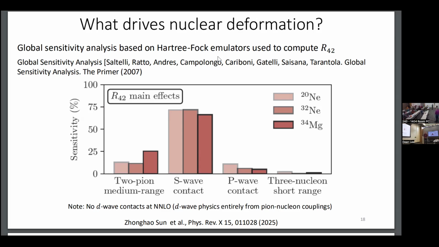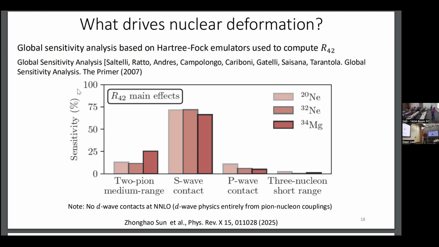Back to my question, the strength of the S-wave contact would, I think, also depend upon what cutoffs you're choosing for pion exchange, in a sense compensating each other. So all these results were for this soft interaction with about a 394 MeV cutoff. Yes, it is a resolution-scale-dependent answer, and we just looked at it at one resolution scale of chiral EFT.